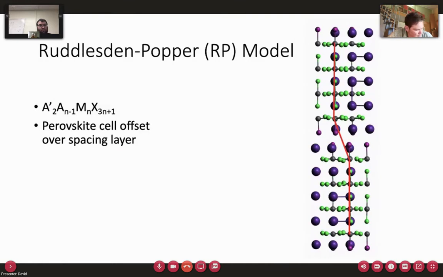So this is my Ruddlesden-Popper model, and I've given the general formula for a Ruddlesden-Popper perovskite. And as you look at it, you know that there's an offset in the two perovskite layers, and this isn't the best picture to be able to see it, but I tried to highlight it with this red line.